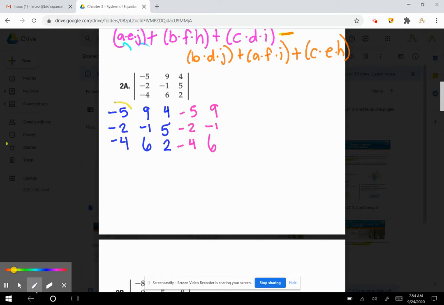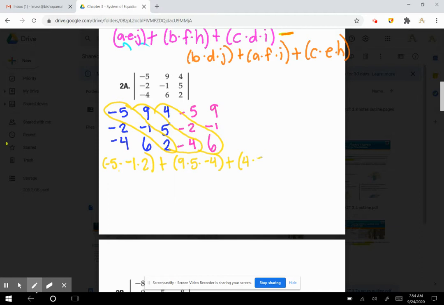Start at the top left with the -5, and you're going diagonally. So -5 times -1 times 2 plus 9 times 5 times -4 plus 4 times -2 times 6.